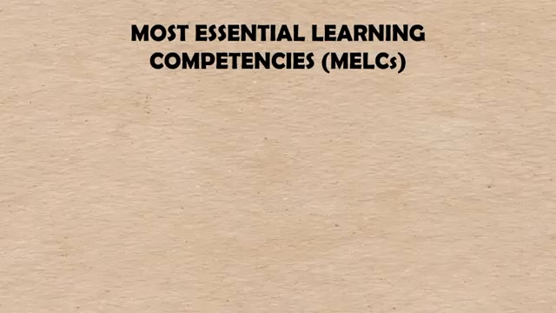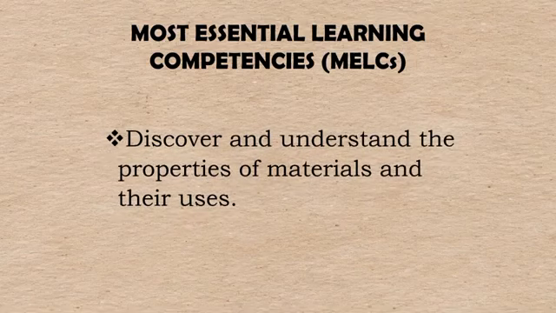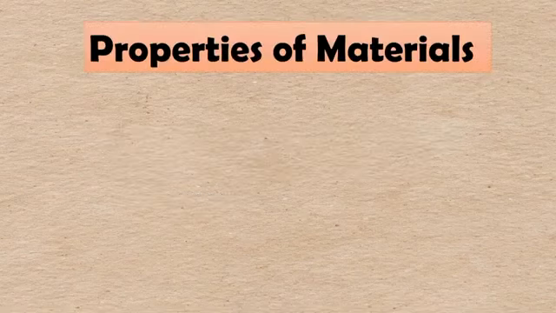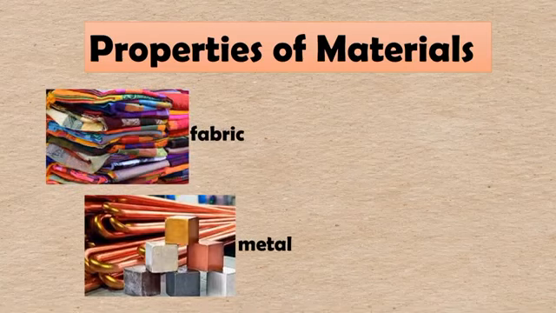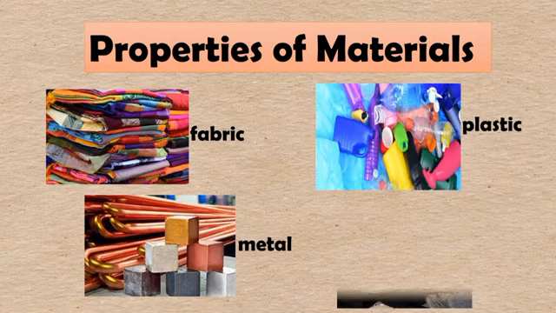Our most essential learning competencies: discover and understand the properties of materials and their uses. Properties of materials. This lesson will help you to discover and understand the properties of materials and their uses.